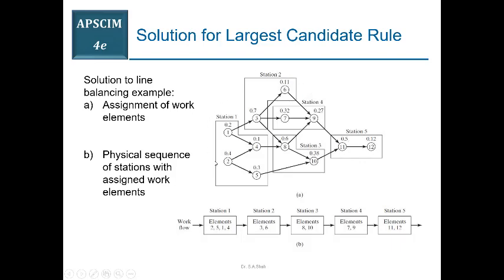सो दिस इज़ द assignment of the operations on the precedence diagram, and this will be the actual physical sequence of the assembly system that you have designed. So आपके पास जो physical sequence होगा, arrangement होगी actual scenario में, it will be 5 workstations arranged in a sequence, and these are the sequence of operations that will be performed.